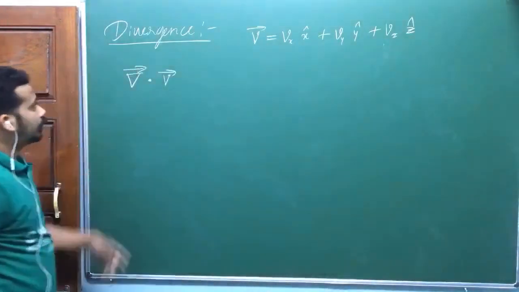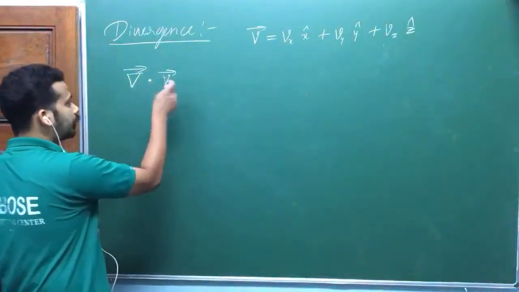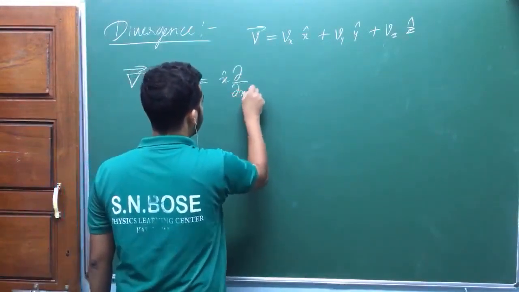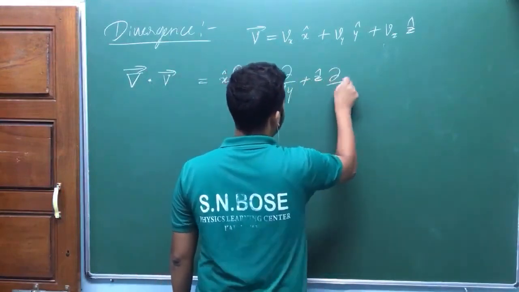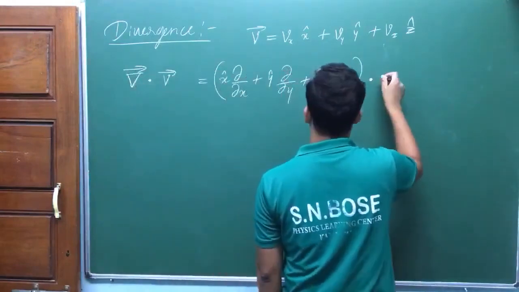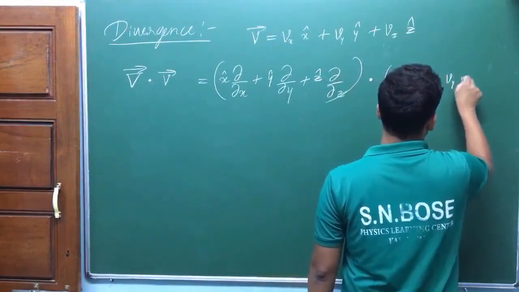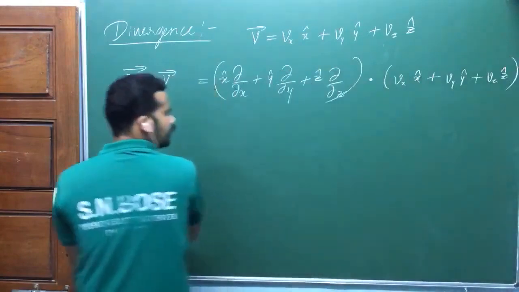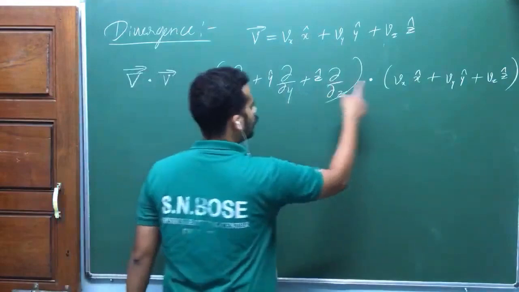So now look here. This divergence of a vector field is a kind of dot product taken with this del operator and this one. You can write the del operator first: x cap into dou by dou x plus y cap into dou by dou y plus z cap into dou by dou z. So you can take the dot product with Vx into x cap plus Vy into y cap plus Vz into z cap. Is that okay? Now x cap dot x cap equal to 1, dou by dou x of Vx.